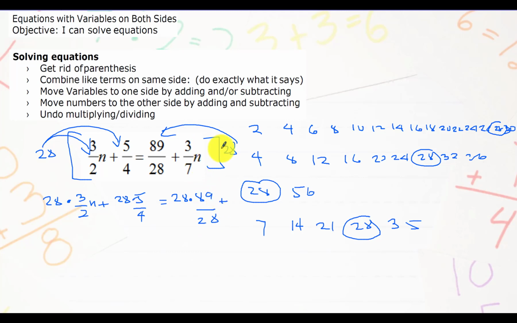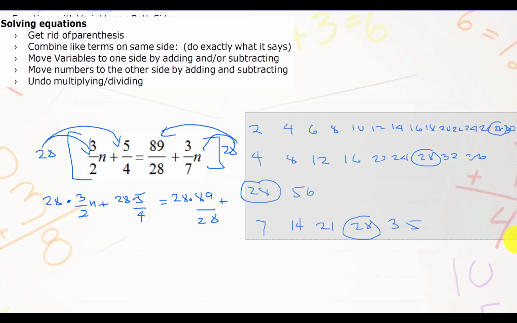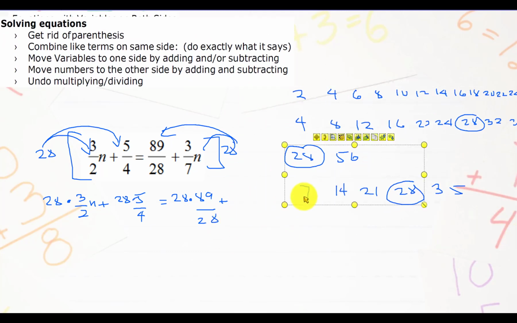And finally, we'll have 28 times 3 over 7n. We don't have space, so let's move this one.